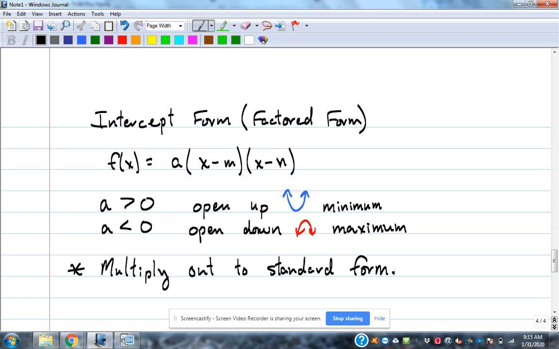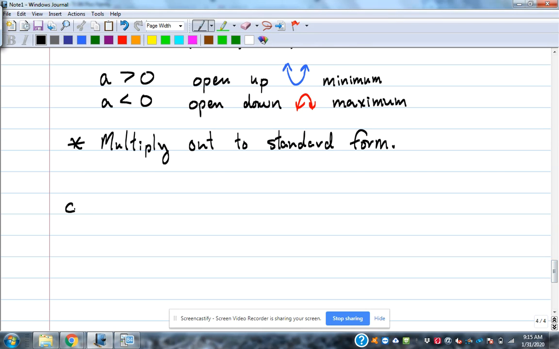Okay. Now, let's take an example real quick. Try to get done before. H of x is equal to negative 6 times (x plus 7)(x minus 8). So there's our intercept form or factored form.